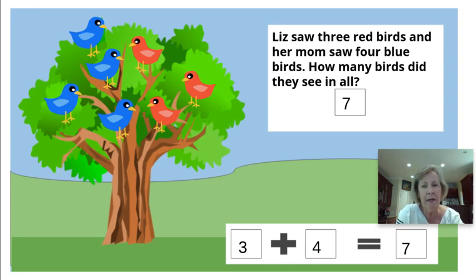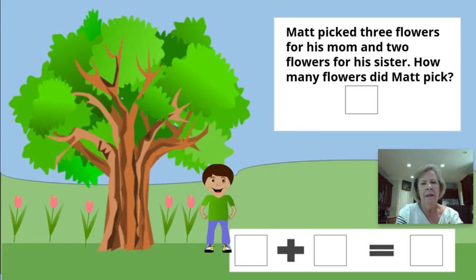Here is Matt. Matt picked 3 flowers for his mom and 2 flowers for his sister. How many flowers did Matt pick? All right, there's the flowers, and there's Matt. He's going to go over and pick how many for his mom? Remember, we read it. 3 flowers for his mom.